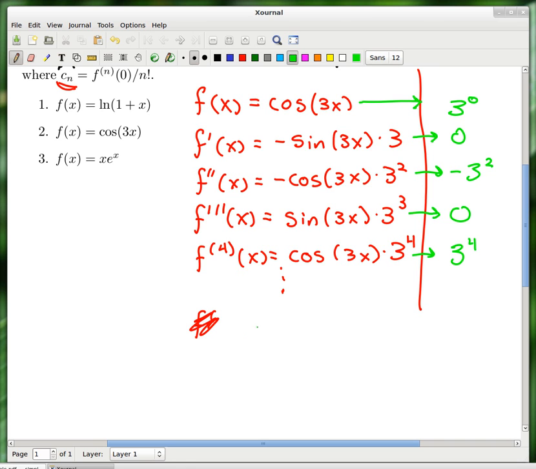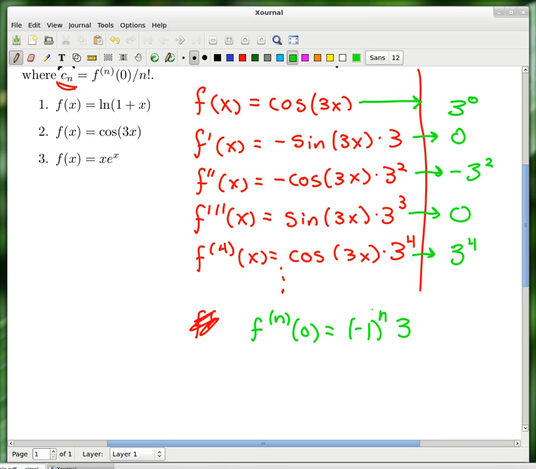Alright, maybe we should say it like this. What is the nth derivative at 0? It's going to be negative 1 to the, what power should we use? So when the derivative is even, it's positive, so we'll just use n. So put n here, and it's got a big 3 raised to a power, right? So 3 raised to, gosh, this is kind of irritating too. I mean, really, we could do it like this.